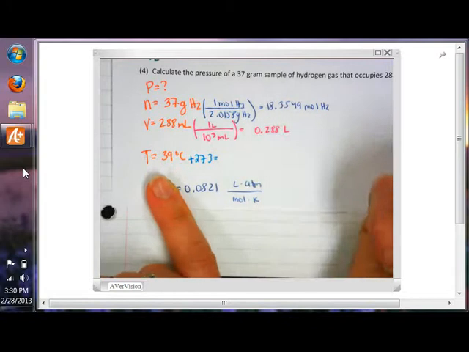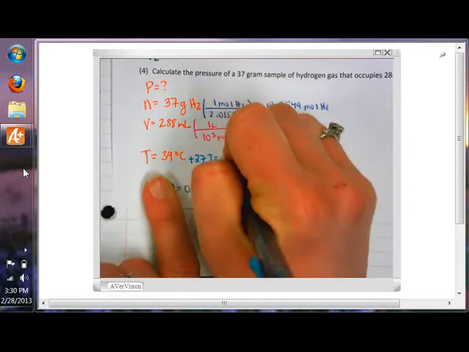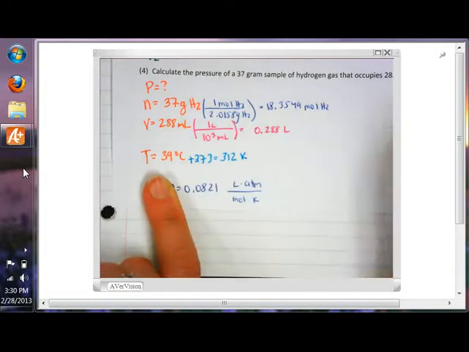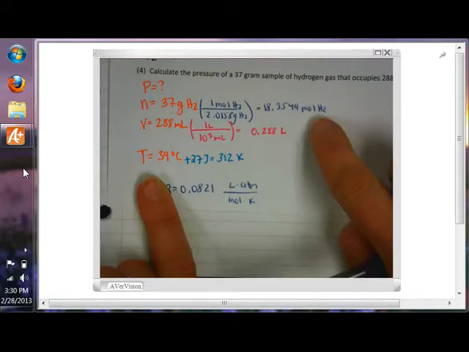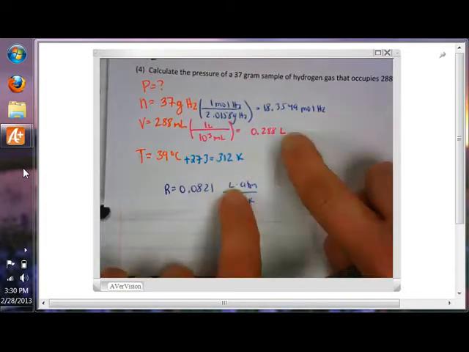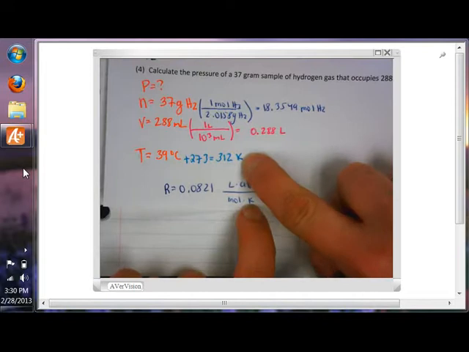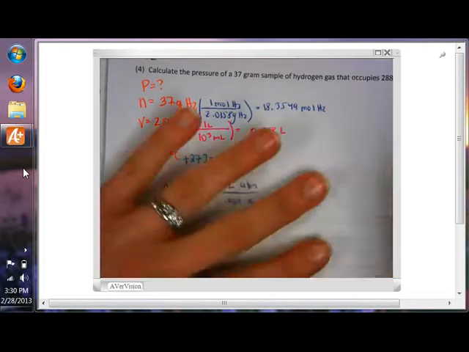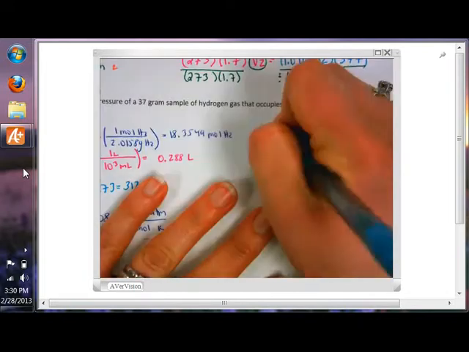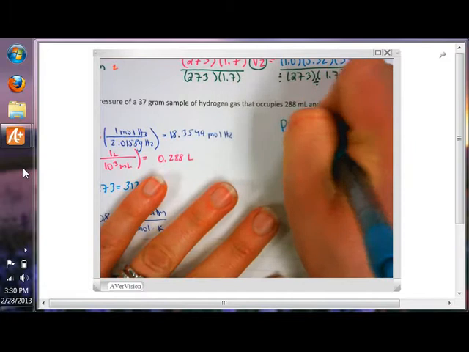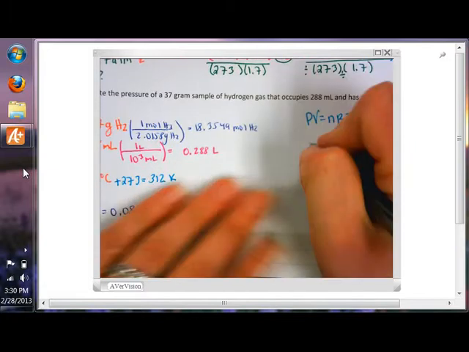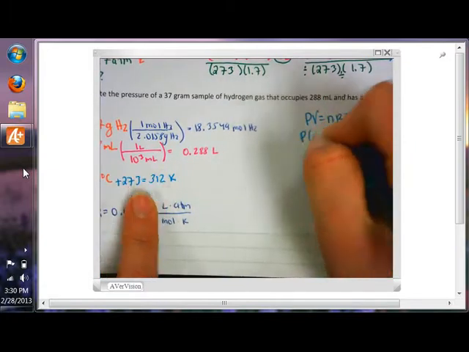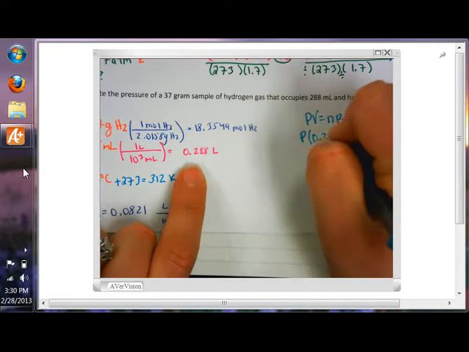So now that my units match up, moles, moles, liters, liters, Kelvin, Kelvin, I can go ahead and plug it in. So I've got PV equals nRT, and I'm going to plug and chug. They want pressure, they give me volume, they gave me moles, 18.3549.